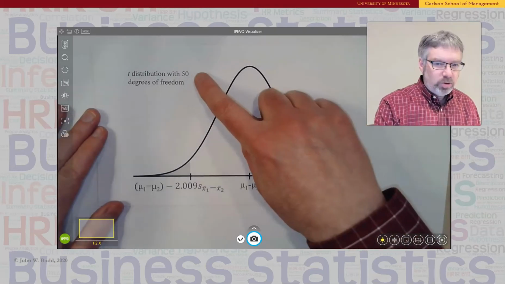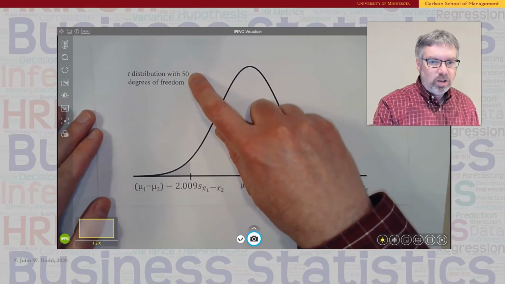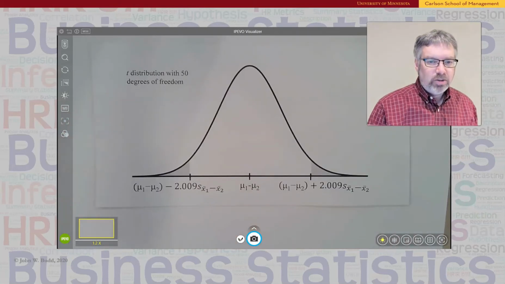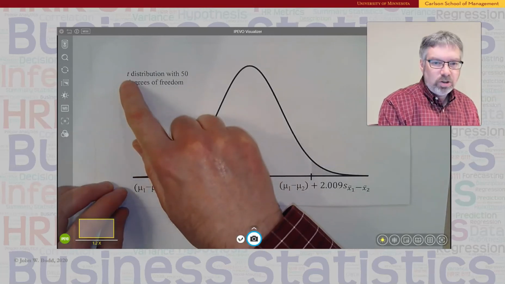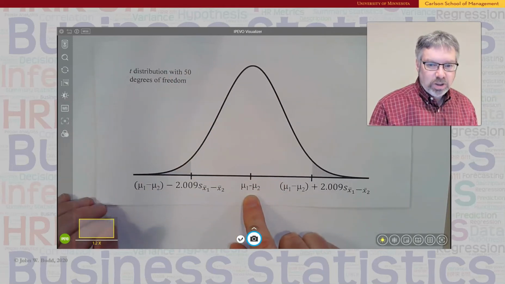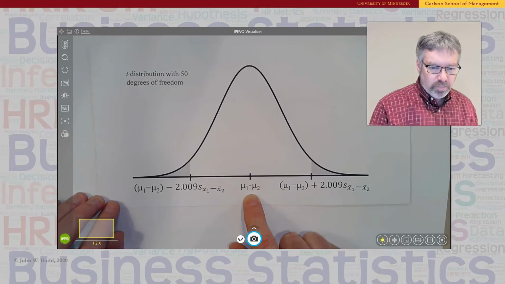So suppose that we have two samples. The smallest has 51 observations, and so then we know that the sampling distribution of x bar 1 minus x bar 2 has a t-distribution with 50 degrees of freedom, and it's centered at the difference between the two population means.